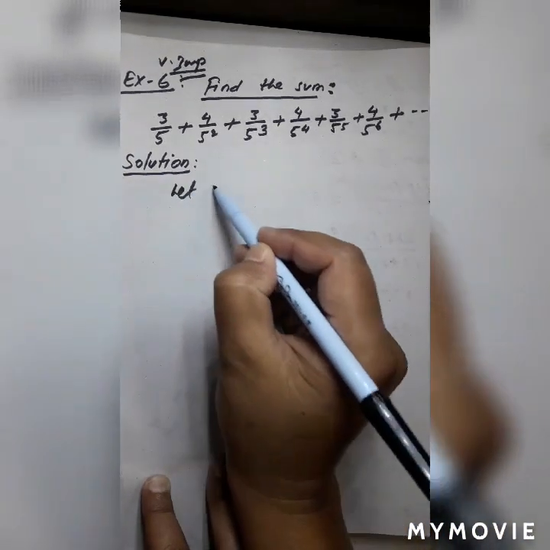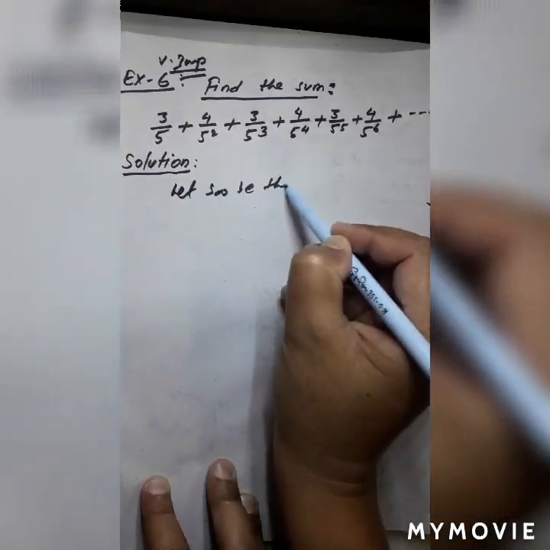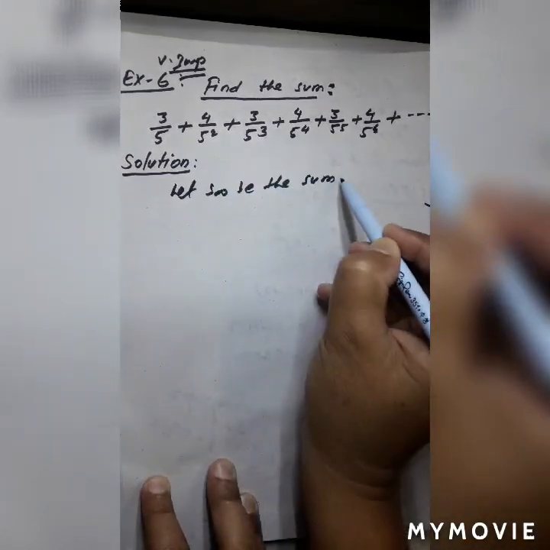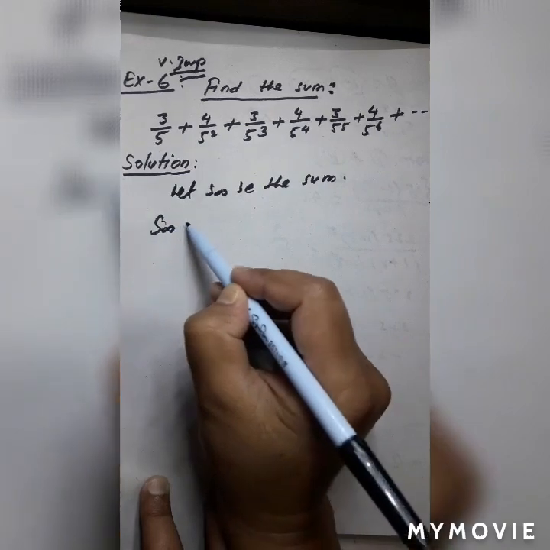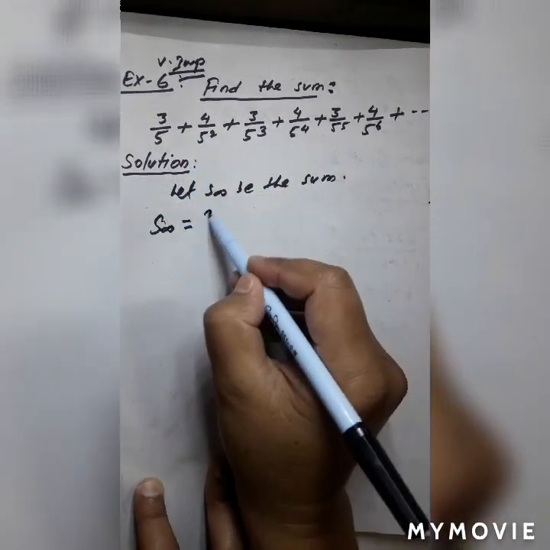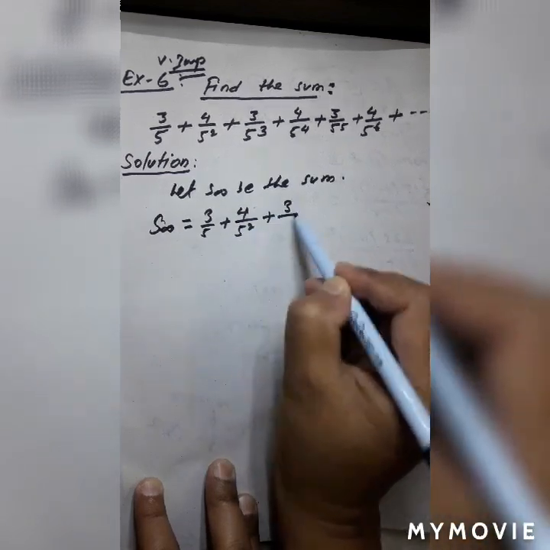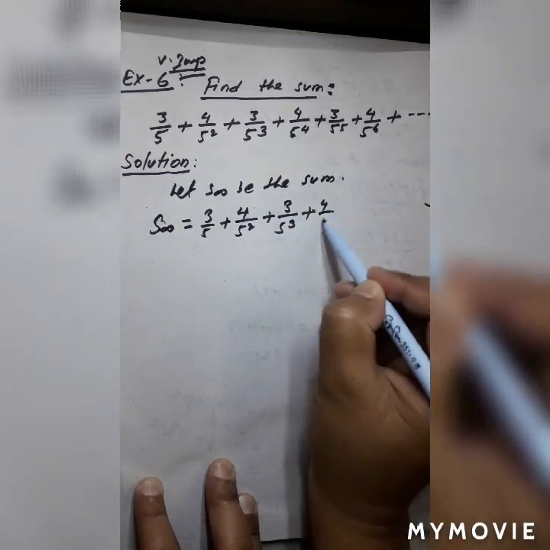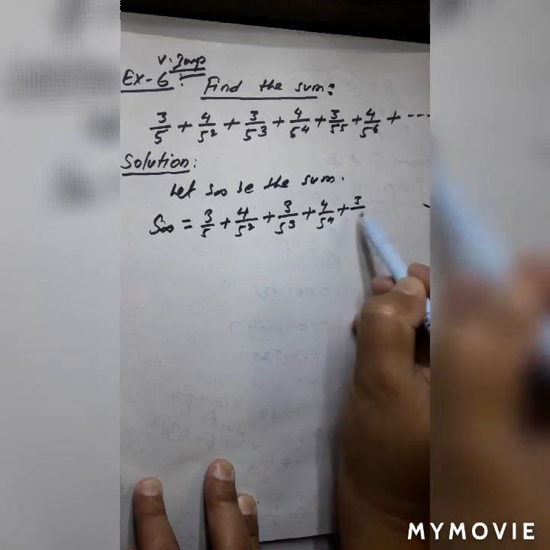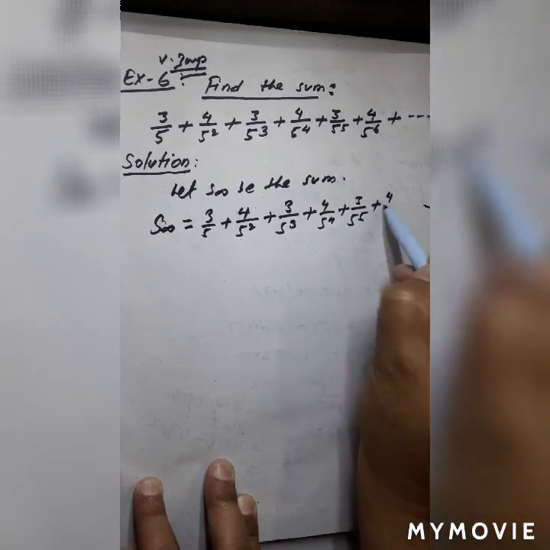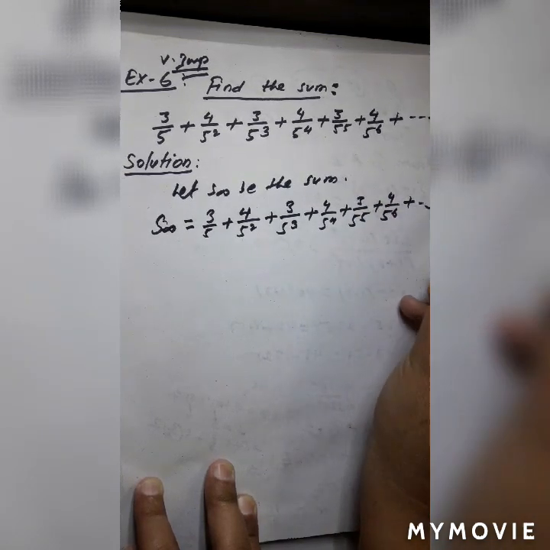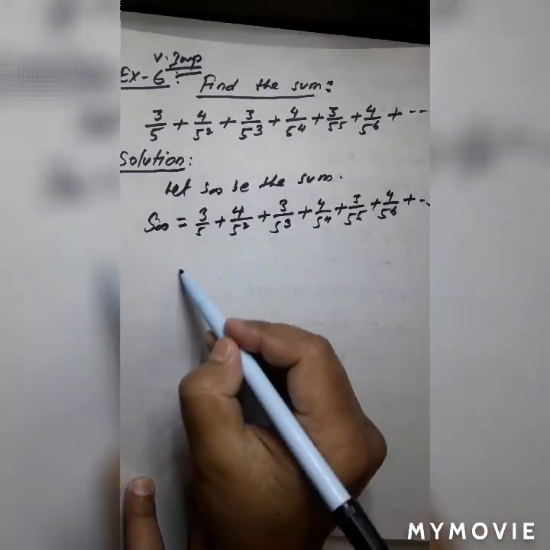So let S infinity be the sum. We can write S infinity equals 3 by 5 plus 4 by 5 square plus 3 by 5 cube plus 4 by 5 power 4 plus 3 by 5 power 5 plus 4 by 5 power 6 and so on. Okay, this is given.